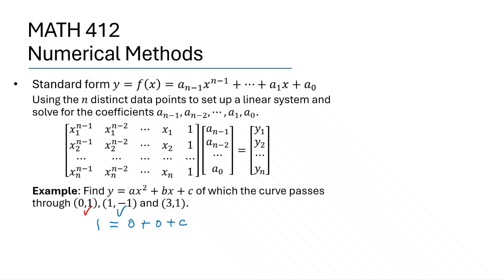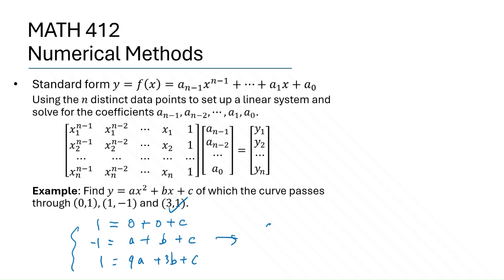And now we use the second point. Well, x is 1, y is negative 1. So a plus b plus c. Now, the third point, x is 3, y is 1. X is 3, that's 9a.